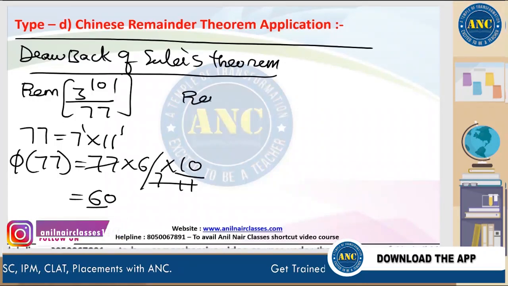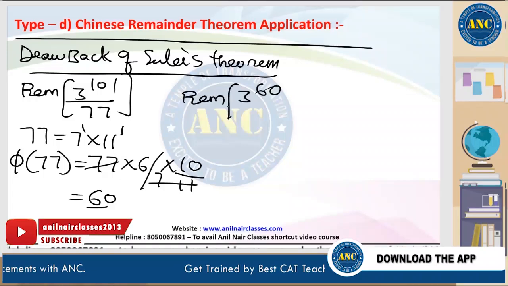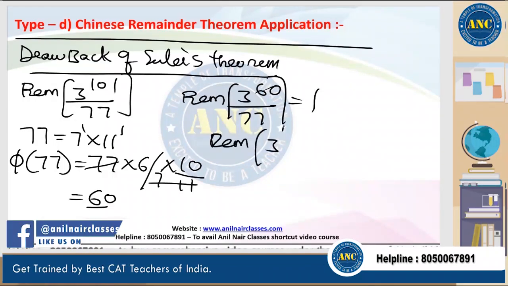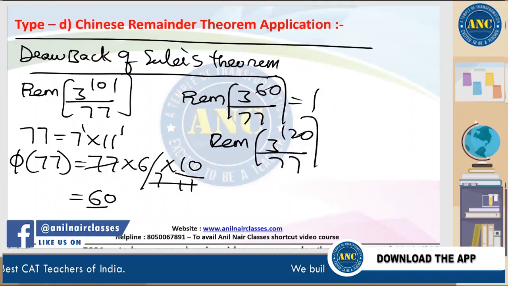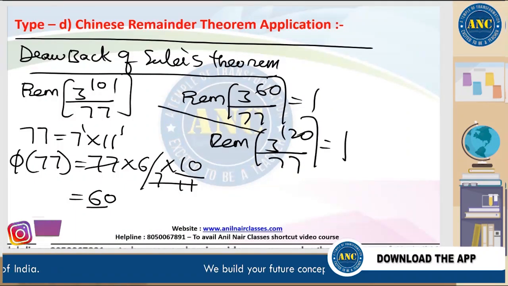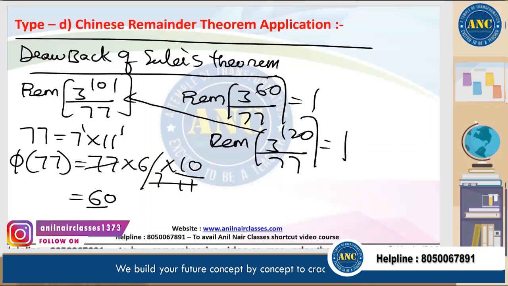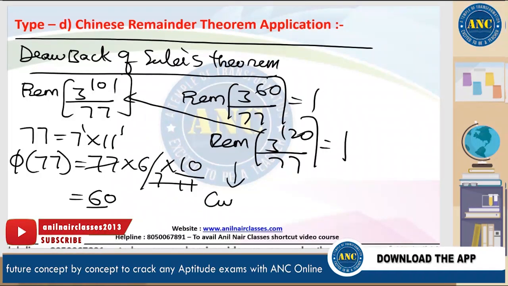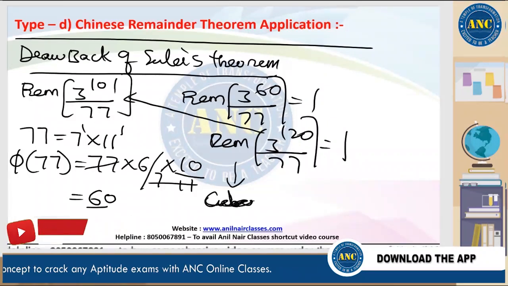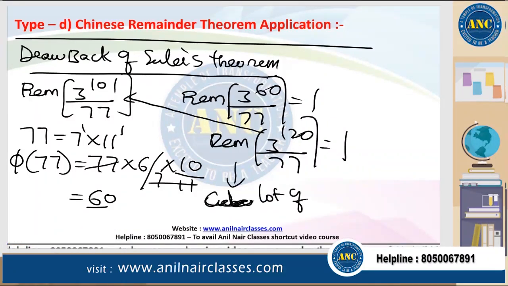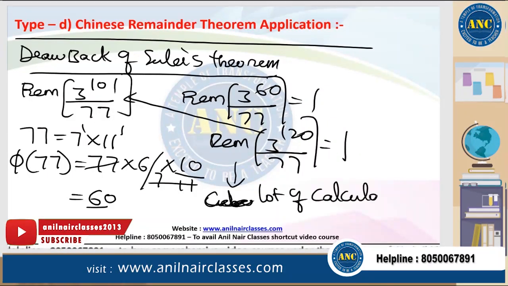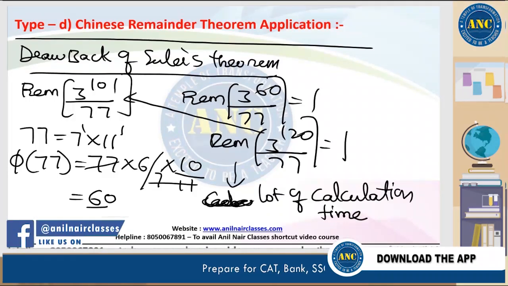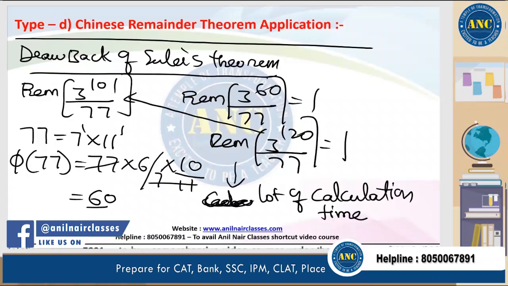So the remainder is 1: 3 power 60 by 77 is 1, and 3 power 120 by 77 is 1. But I want 3 power 101. 19 steps I have to go back, which will take a longer method. A lot of calculation time will be there if I use Euler's theorem.